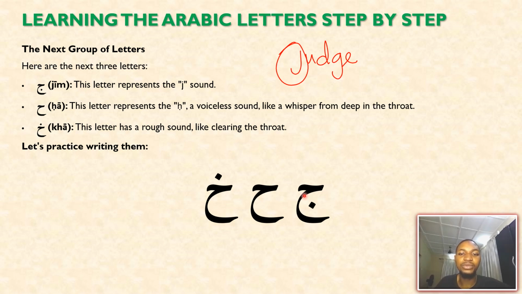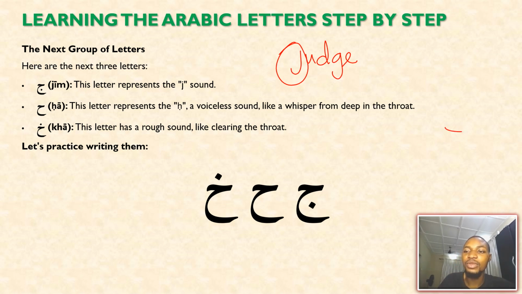So we have Jim, Ha, Kha. So these are the letters here. To write the letters, Jim, Ha, and Kha, they basically have the same shape, but in terms of the dots, we'll be able to identify each one.